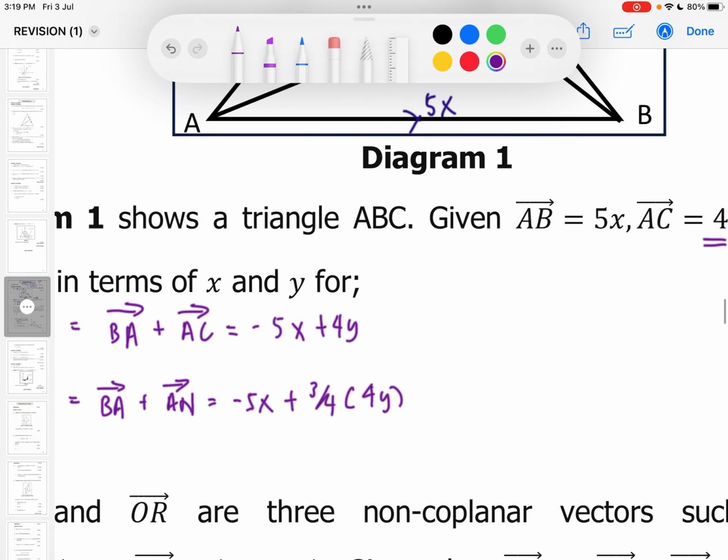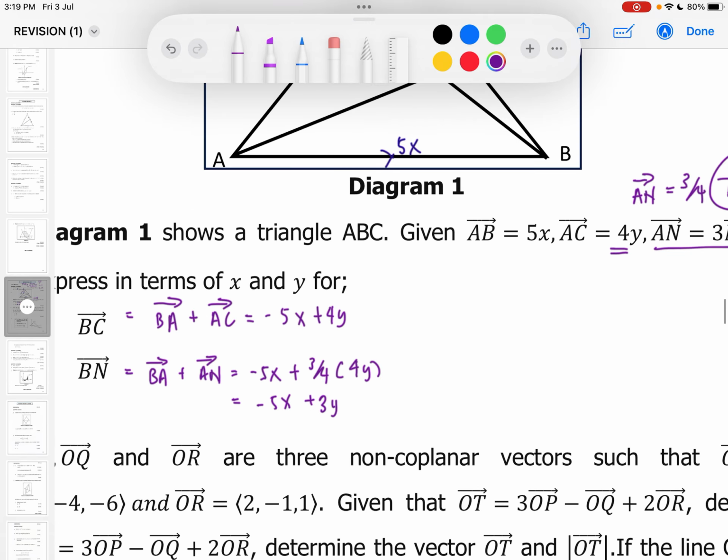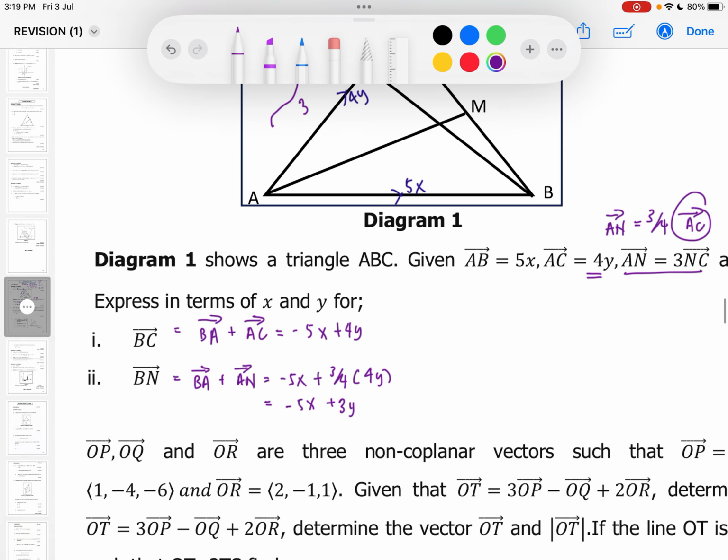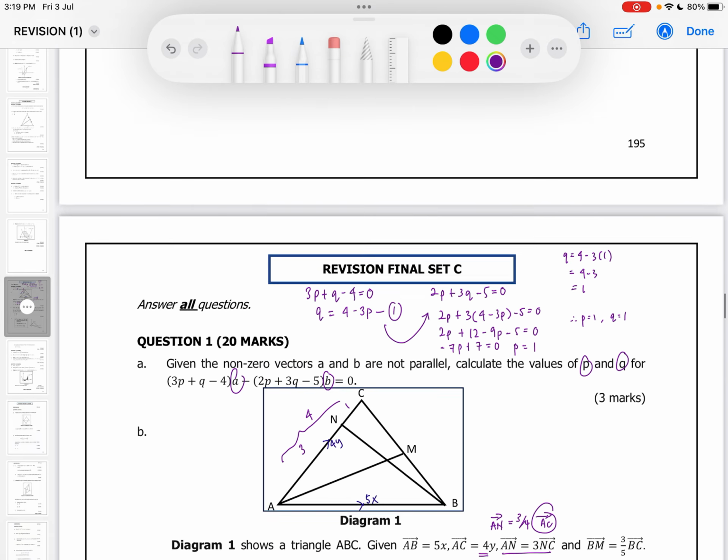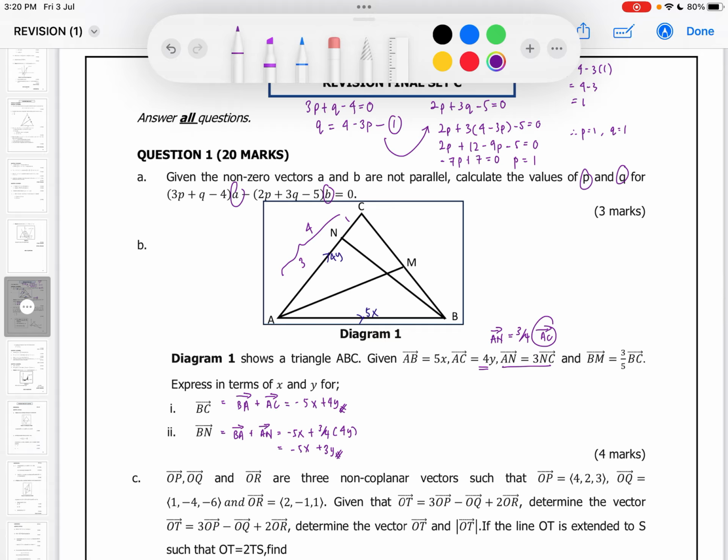So it's going to be negative 5x plus 3y. Yeah, that is the final answer. So we've already solved that.